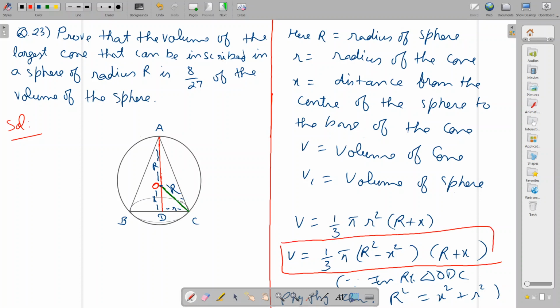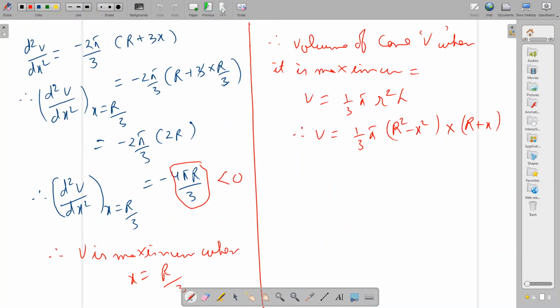Here we have the Pythagoras theorem, capital R square equals x square plus r square. So here now we'll put the value of x as R by 3 to get the maximum volume of the cone. Therefore, V equals 1 by 3 pi (R square minus our x, which is R by 3.